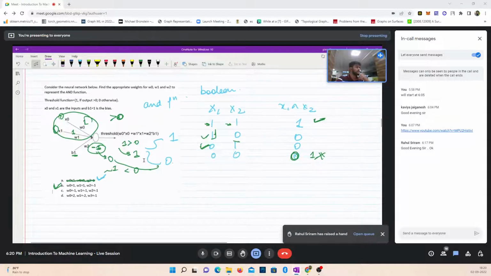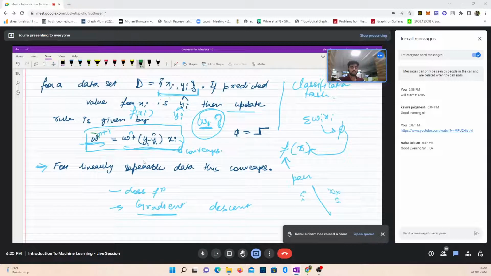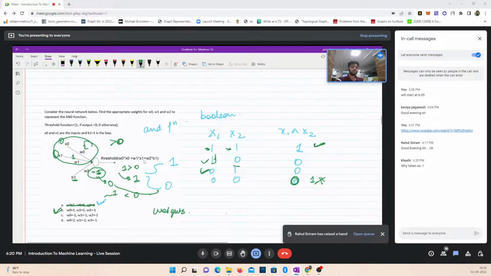This is how, by brute force, we can look at what the weights should be. But if you had plotted it in a two-dimensional figure, you could have started with some random W, then used this update rule, and you would have landed up with the same separating line or any other separating line, but that would have definitely separated this data for you.